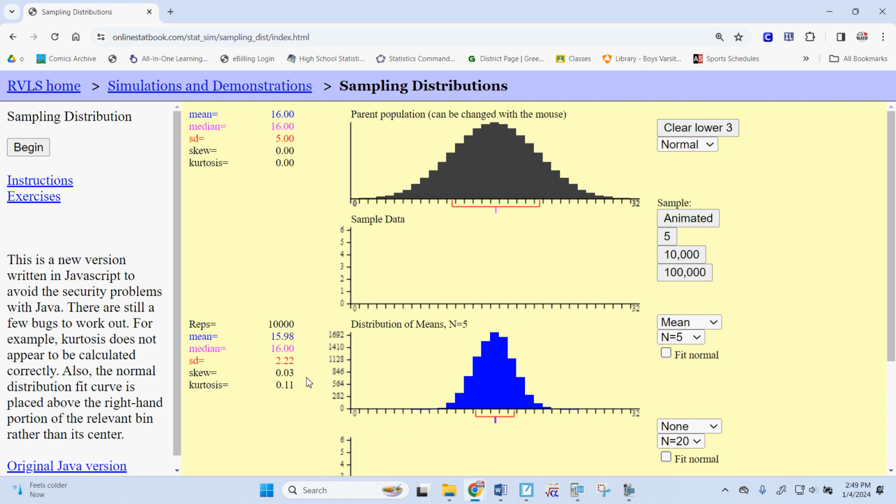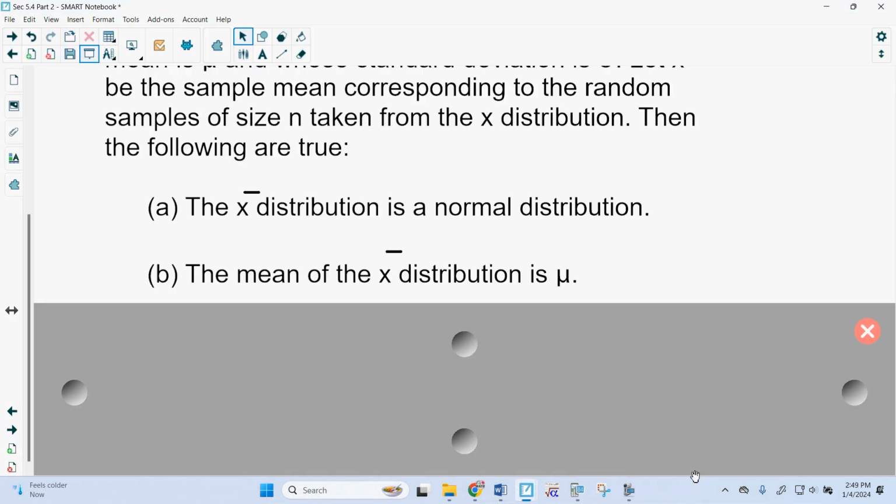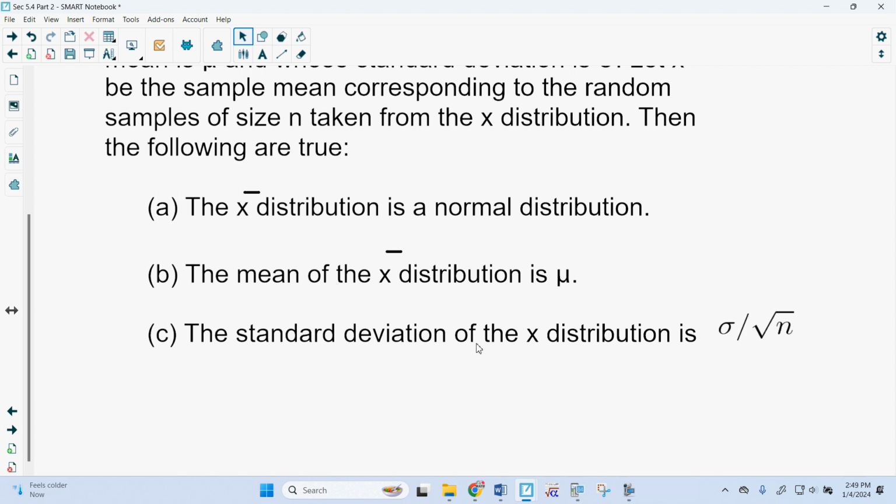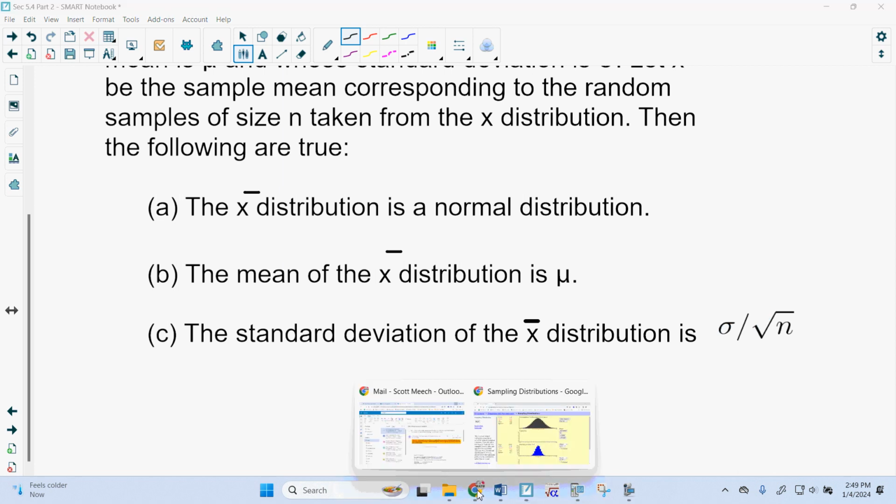Now, what about the standard deviation? The standard deviation of the x bar distribution is sigma divided by the square root of n. So that tells us what this new distribution is.